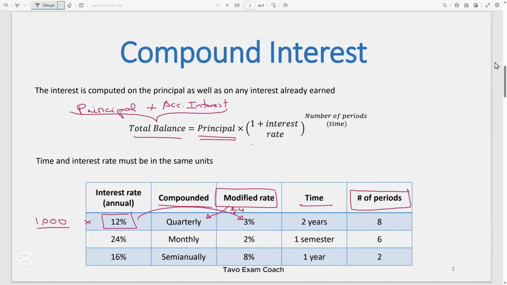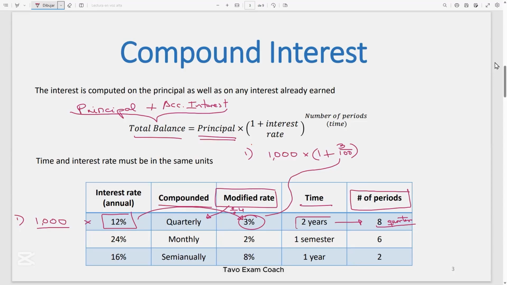And the duration of the investment, we can also express in a number of quarters. So you see a quarterly rate and a duration in quarters. So the operation that we are to do here in this example one would be 1,000, the principal amount, times 1 plus this modified rate of 3% quarterly up to an exponent, which is the duration of the investment in quarters.